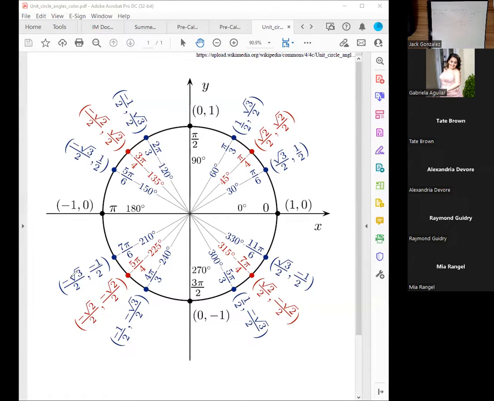I'll give you some time to think about it because you're going to have to be able to do that. 135 and 60. Yeah, I think that does work. Let's see. 60 and 135. If you add them together, you get 195. Yeah, cool. That works. Can anyone else give me another one that also works?